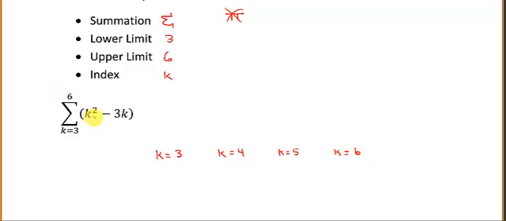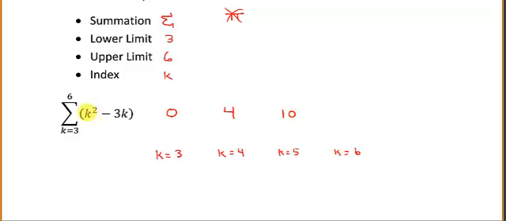When k is 3, I won't write out as many details. I would get 9 minus 9 is 0. When k is 4, I would get 16 minus 12, which is 4. When k is 5, I'd get 25 minus 15, which is 10.